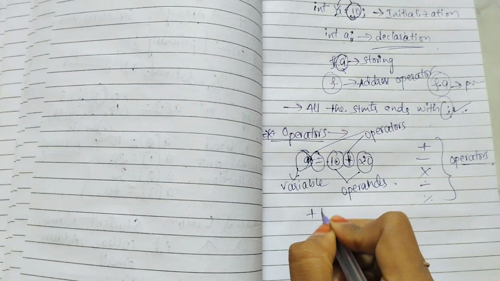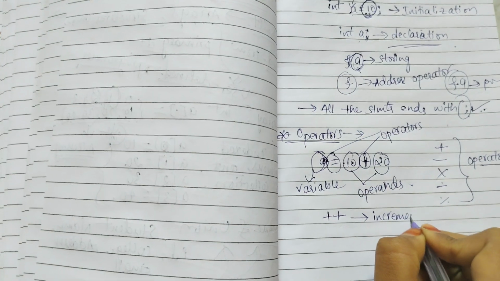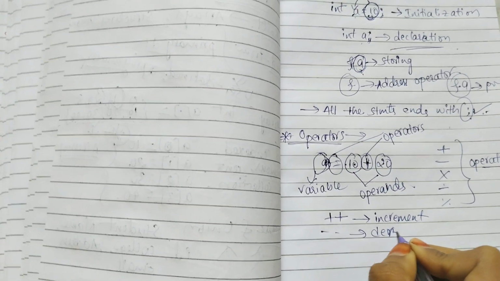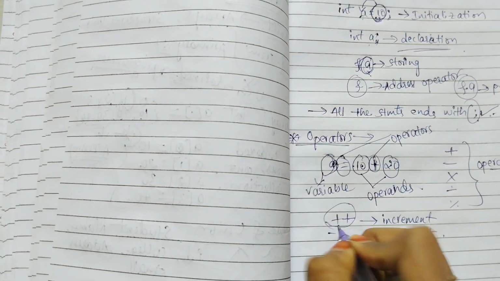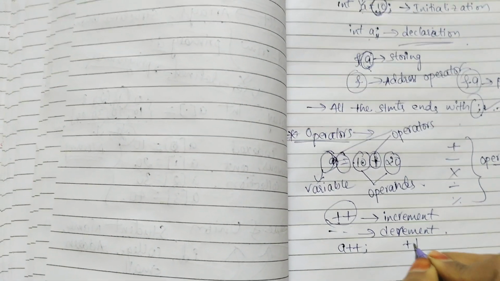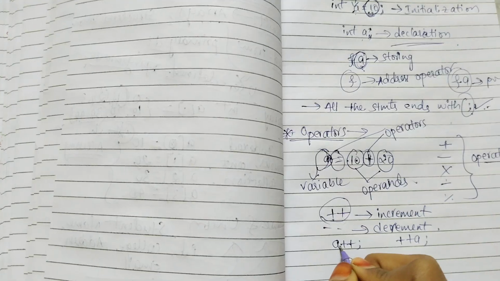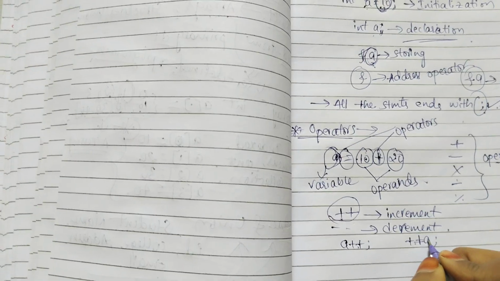And along with that we have the increment operator. Plus plus means increment operator, and minus minus means decrement operator. Here we can take a plus plus also. This increment operator can be used in two ways, a plus plus or plus plus a. In the first case, it will increment later. In the second case, it will increment first and after that take that value.